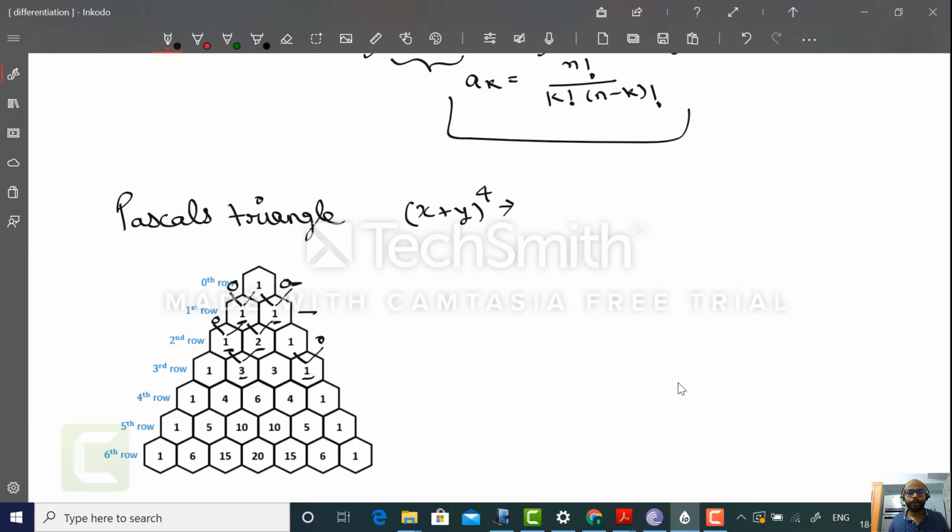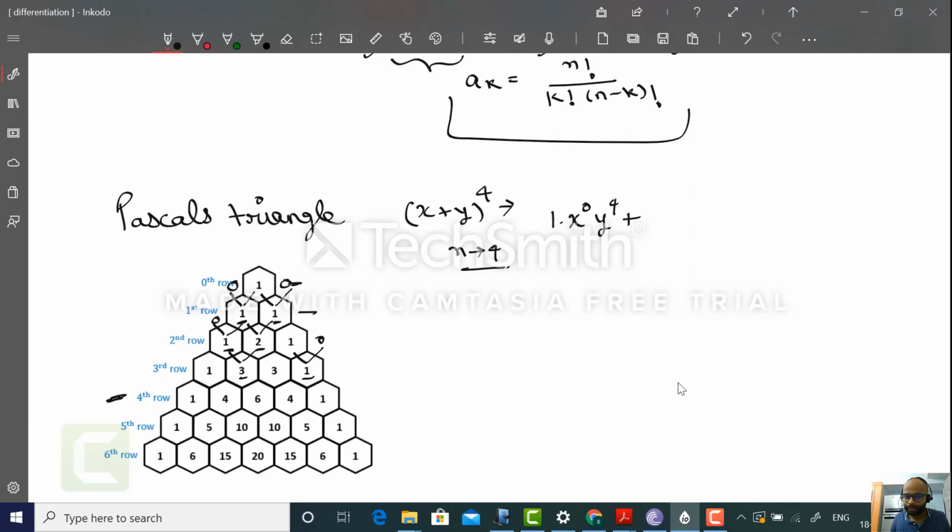So for example, this was (x plus y) to the power of 4, which means n is 4, right? If n is 4, you have to look at the fourth row, which means this row. So the zeroth term, which is a0, will be 1 into x to the power of 0, y to the power of 4.